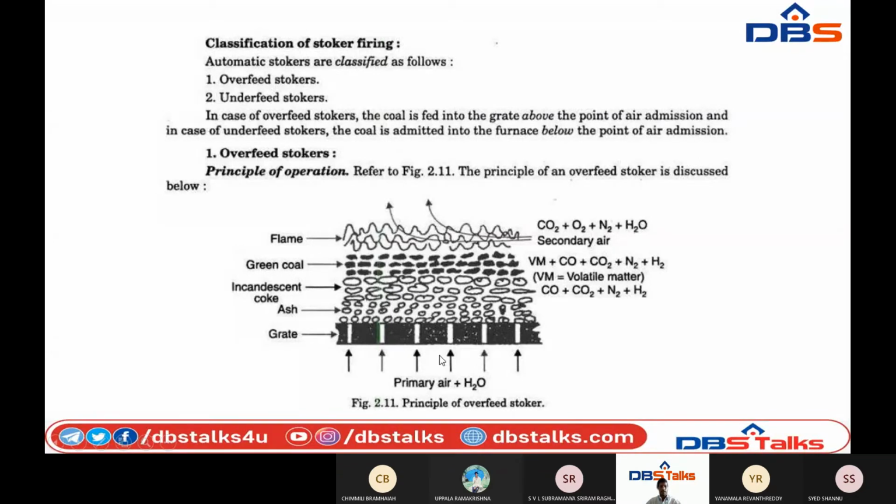First of all, we are sending the air into the grate from the bottom of the grate, with a combination of water vapor. After that, the air is supplied to the grate and then heated. Why? Because the grate is already at firing point.